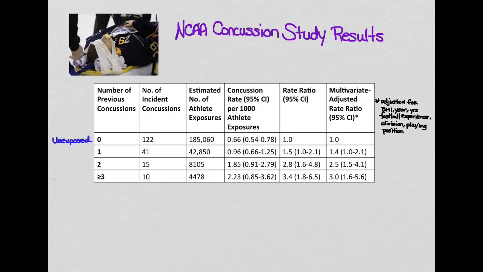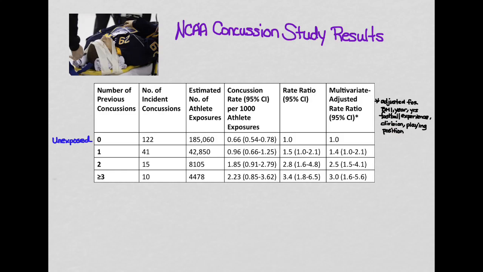And so you can also look at the confidence interval and then compare, and really we want to be looking at the adjusted rate ratio because it's adjusted for all these possible confounding variables. And these are things that the researchers felt might be more likely to be true of one exposure group than another, and also related to the outcome.